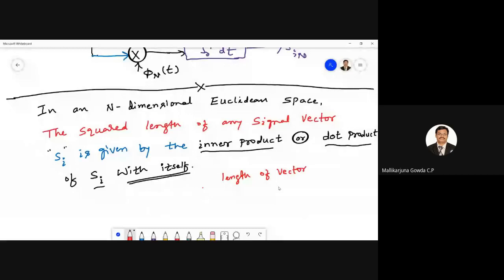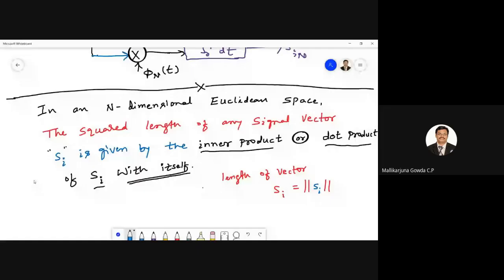Usually I denote that with two parallel lines and write Si. This is the way I represent the length of the signal vector Si.